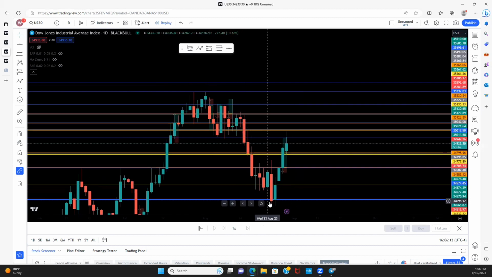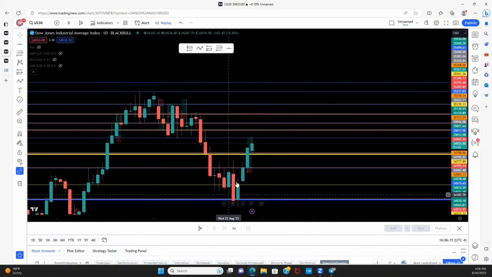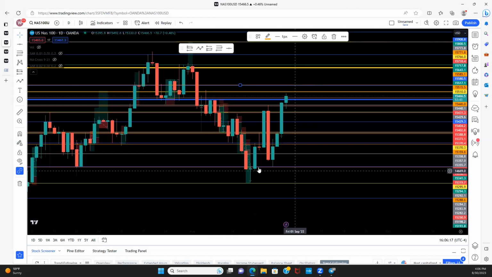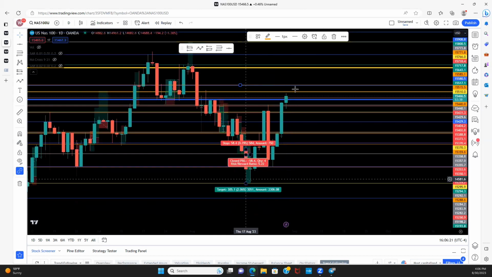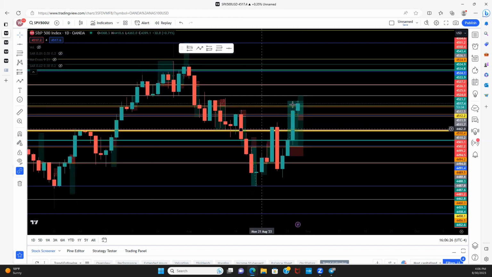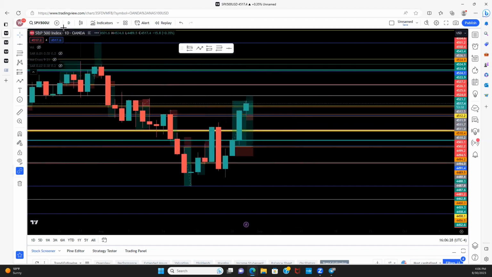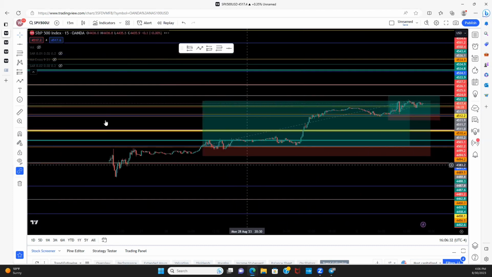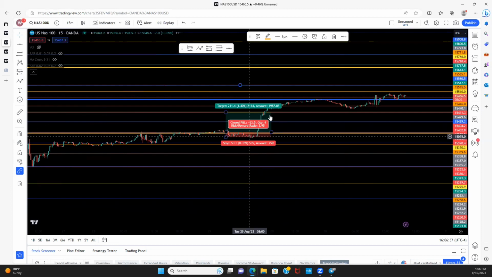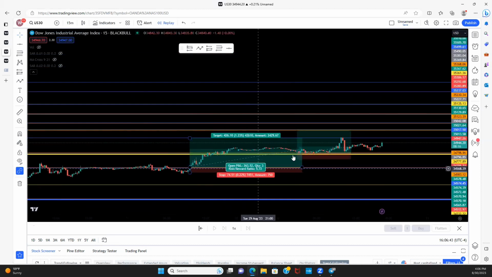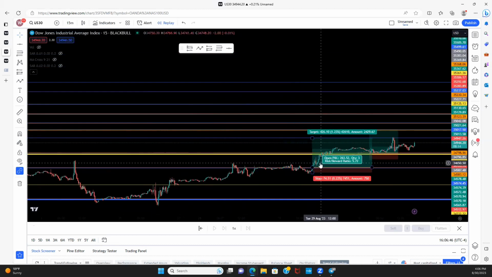But you see price got its act together, and as far as recently, prices on all three futures indices are reversing and pushing to the upside. And then another thing, when you go on the smaller time frames, you will see how price is almost mirroring each other.